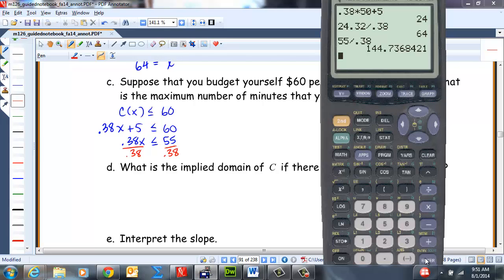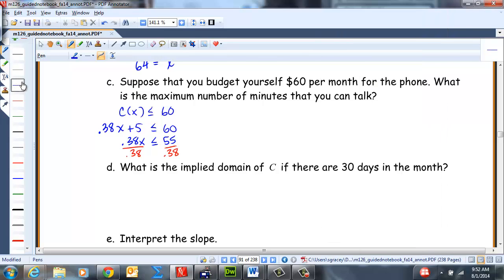But I don't think they usually count partial minutes. So I'm going to round down to the nearest minute so we don't go over our 60 bucks. So we're going to call it 144 in this case. So the maximum number of minutes you can talk is 144.